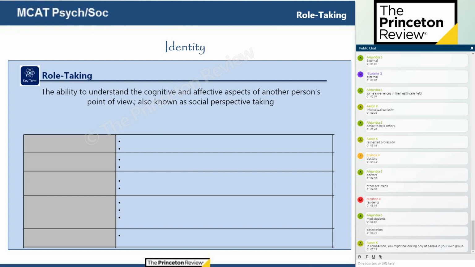Utilizing others to help inform us about ourselves also involves the ability for us to understand another person's point of view. The ability to do this is called role taking.